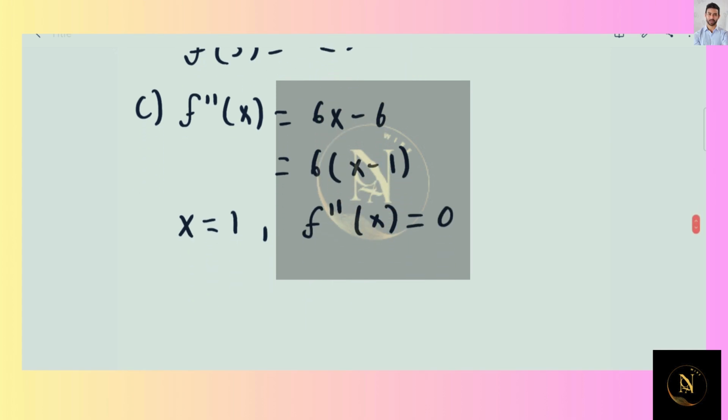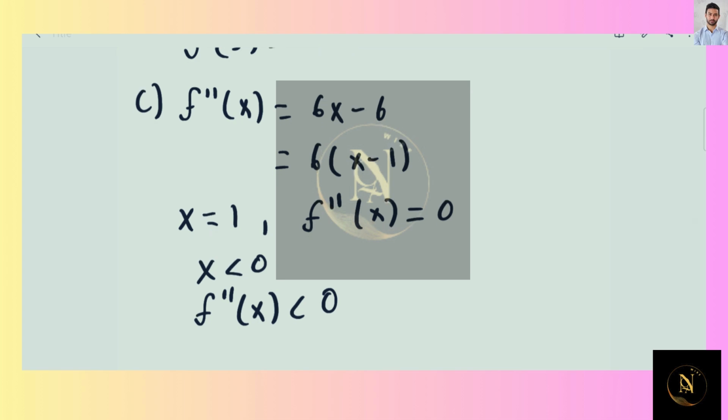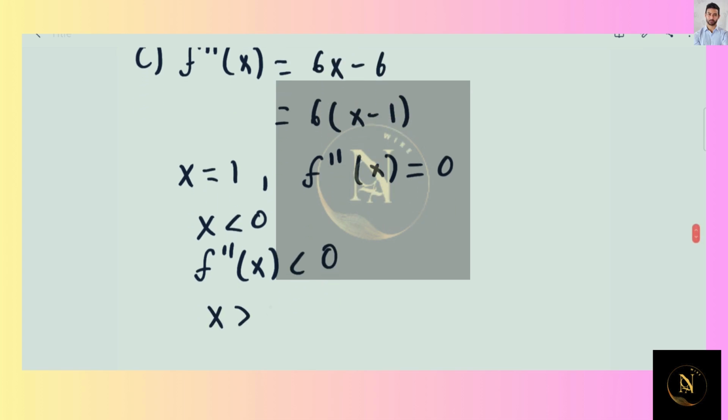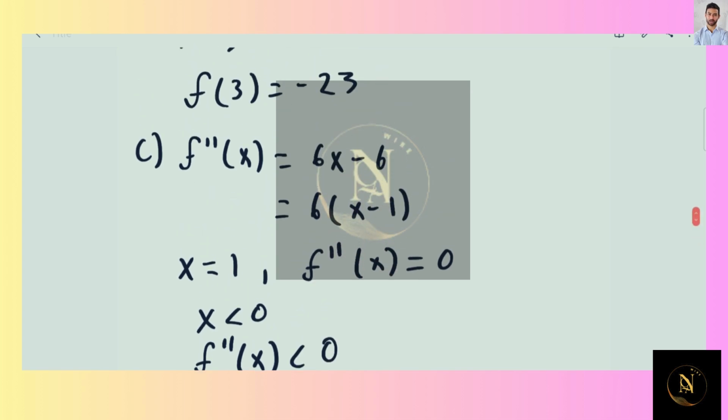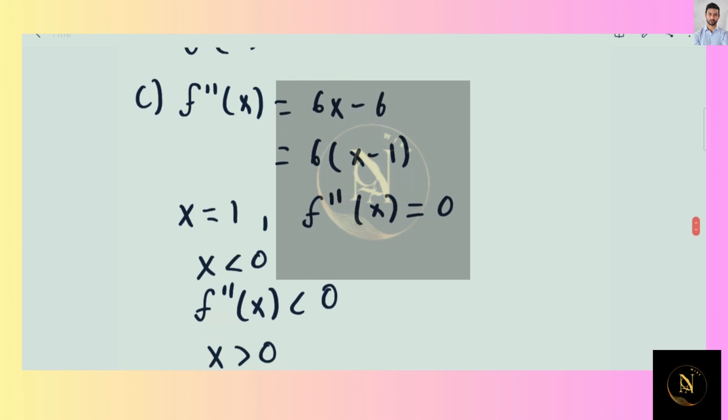So what we want to do is look at values of x that are less than 0 and see what the sign of our second derivative is. So if we plug in a value, let's just say of negative 1, we have negative 1 minus 1, which is negative 2, times 6, which is a negative value.